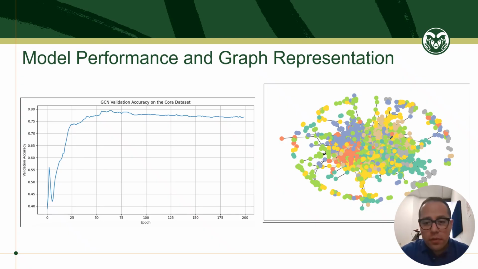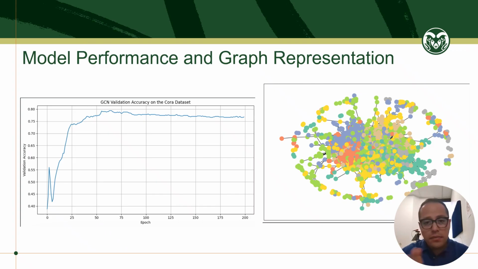The model performance and graph representations. In this slide, I show two views of the project. On the left, the validation accuracy curve shows how the GCN improved during training on the Cora dataset. The model learned quickly in the early epochs, then stabilized around 0.77 to 0.79, which suggests convergence and consistent performance.